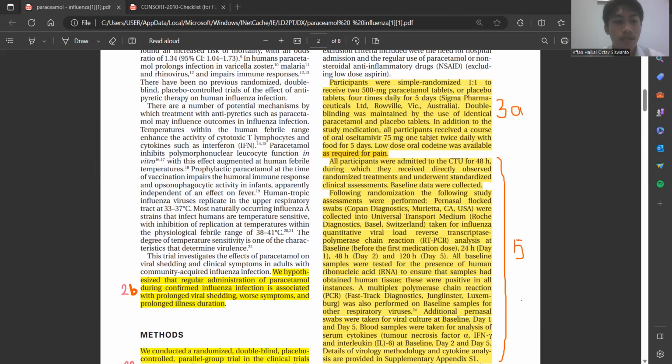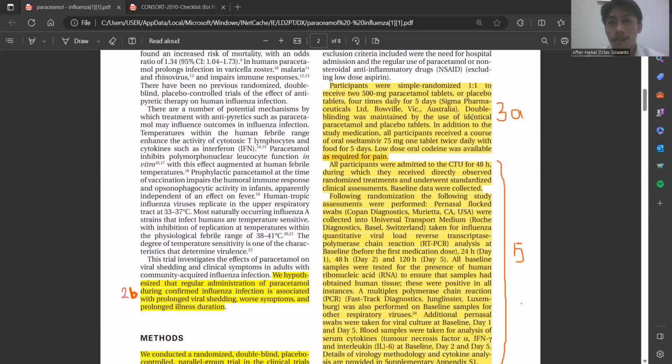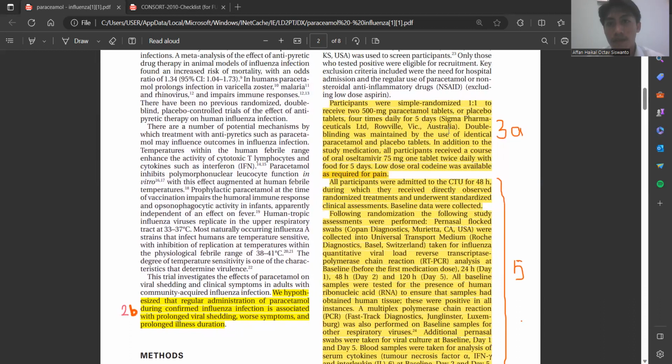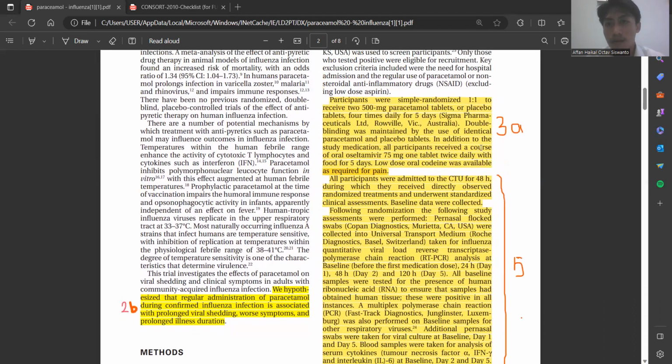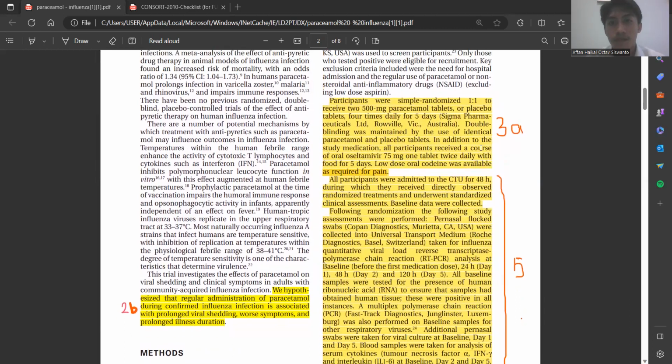So the next item is item 3A. That is description of trial design, such as parallel, factorial, including allocation ratio. In the article, participants were randomized one-to-one to receive 100 milligram paracetamol tablets or placebo tablets 4 times daily for 5 days.